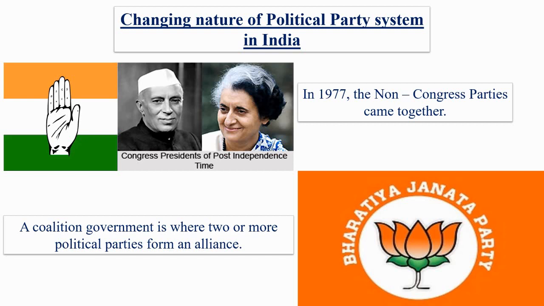It had a huge majority and got support from the central government, and Indian politics was controlled largely by the Congress party. The period was described as the era of single dominant party system.